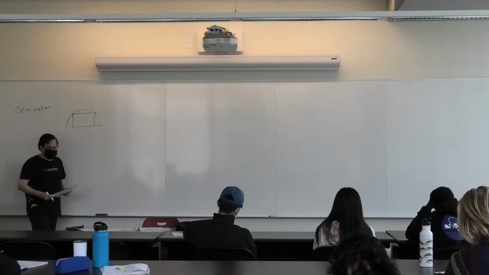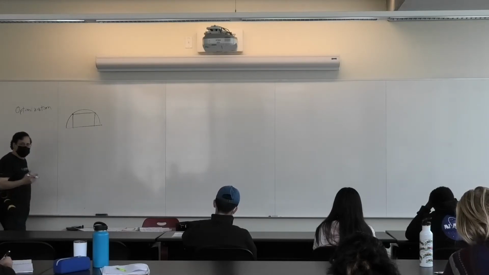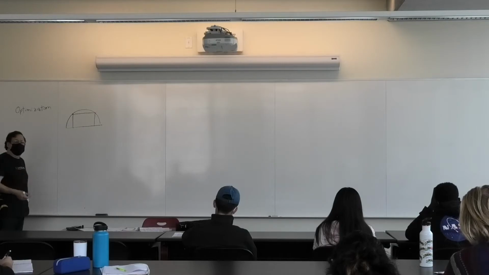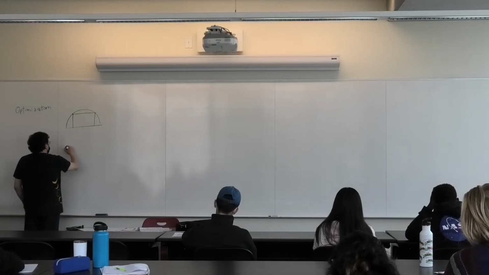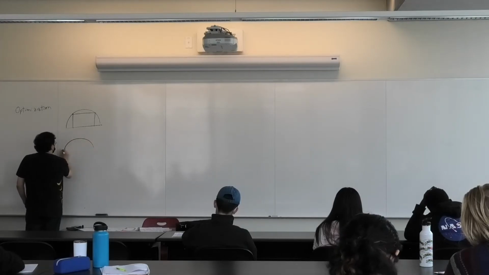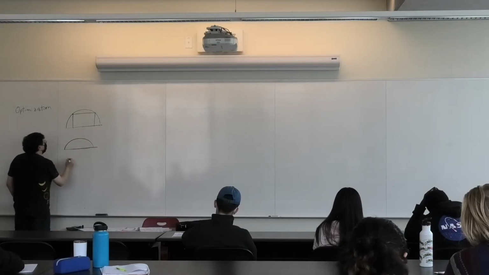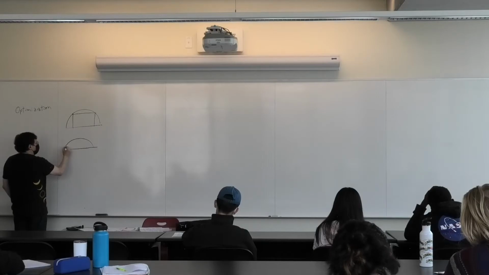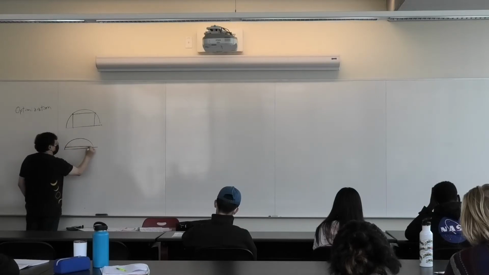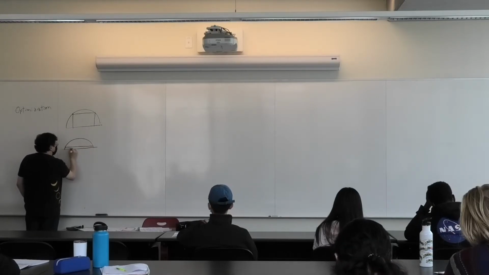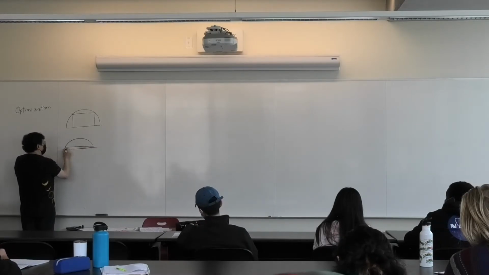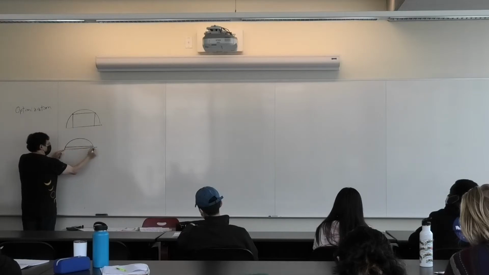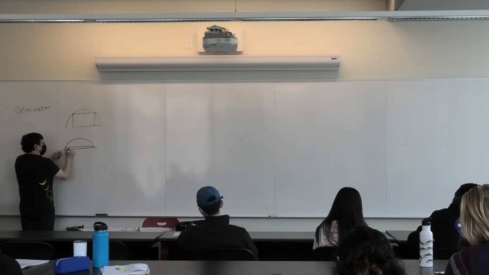Now, just as a thought experiment, how do we know there is a maximum? Well, imagine we take rectangles where the endpoints are closer and closer to these vertices here.